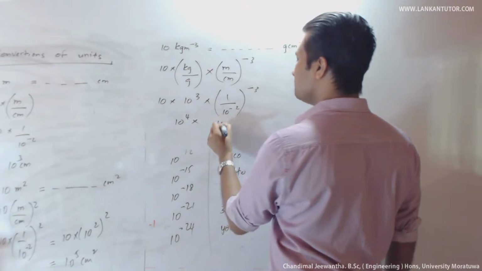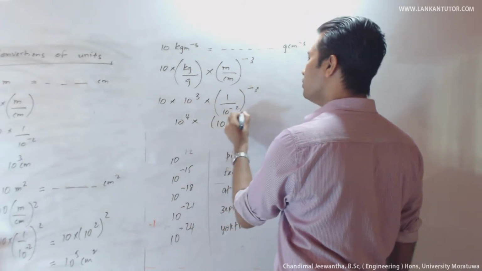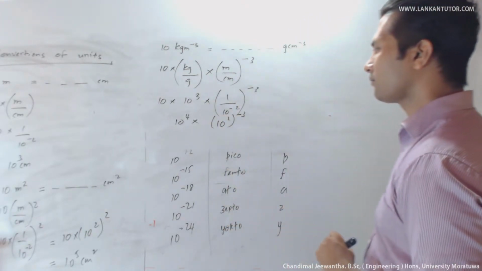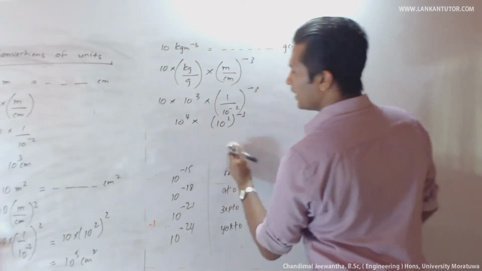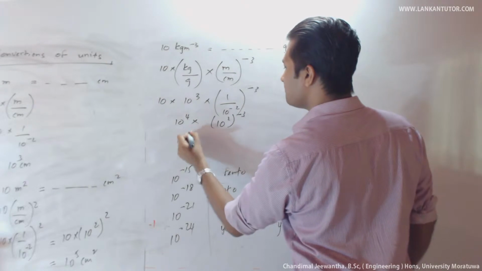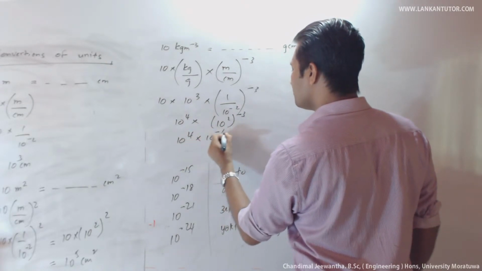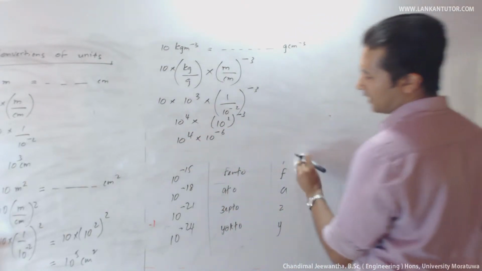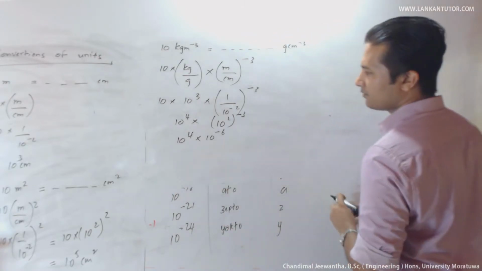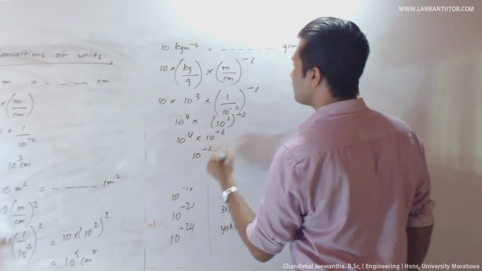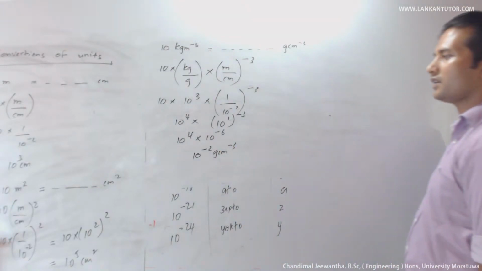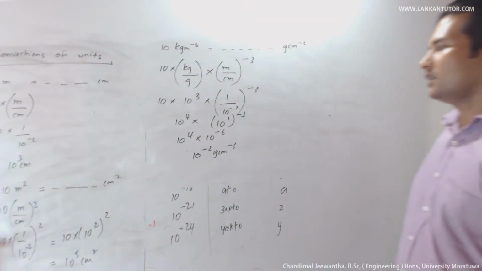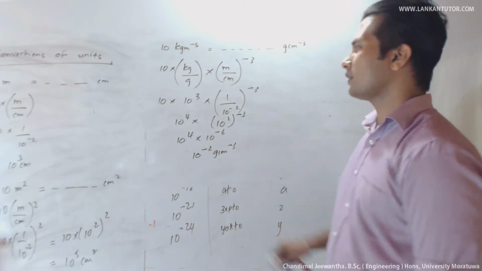When this goes up, 10 to the power 2 to the power minus 3. Then finally 10 to the power 4 into 10 to the power minus 6. As a result of that, final answer becomes 10 to the power minus 2 grams per cubic centimeter.